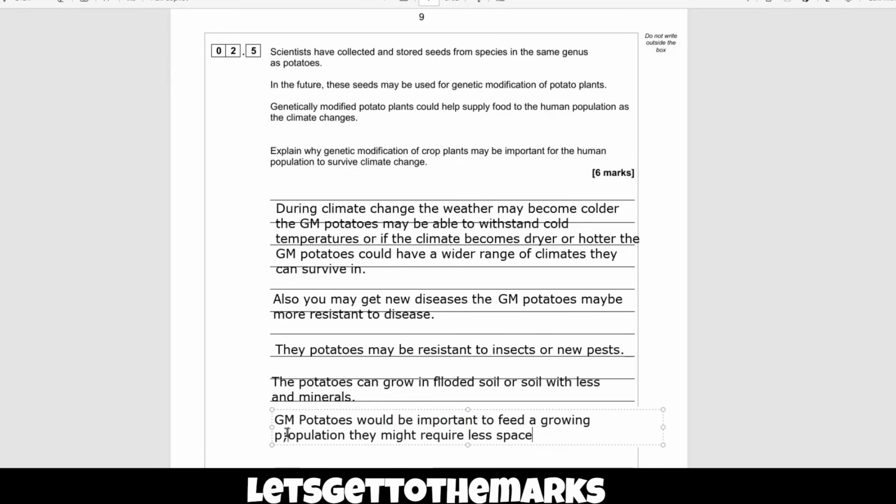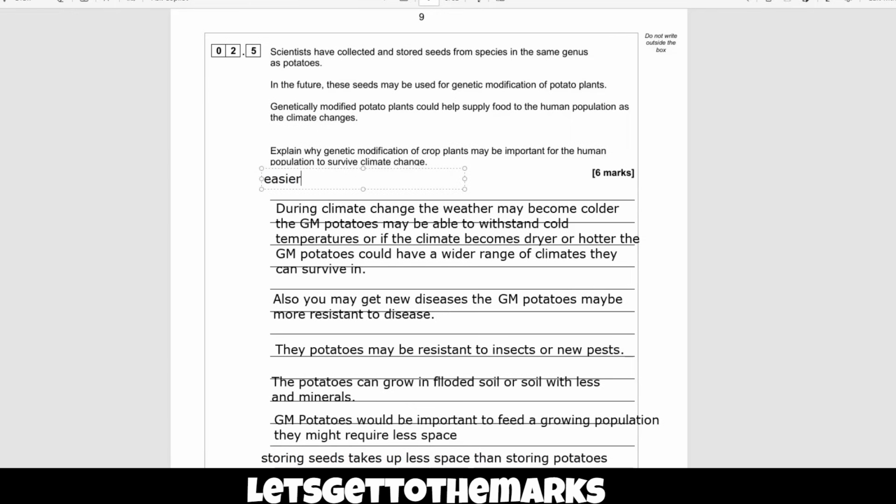They've got the seeds stored. So again, we want to say storing seeds takes up less space than storing potatoes. They'll also last longer. They won't rot. It's easier to store seeds.